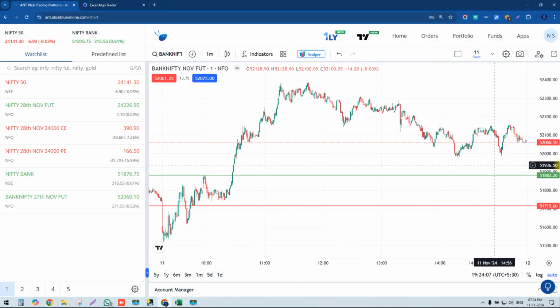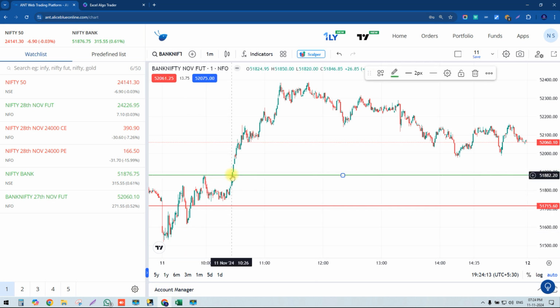Yes guys, exactly here 882, and at the time of 10:26:27, here our buy was generated in our breakout strategy in Bank Nifty Futures. Okay, let's see how many points the market went up in Bank Nifty.